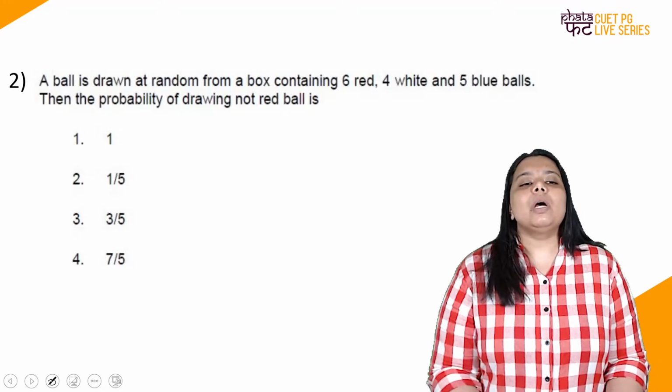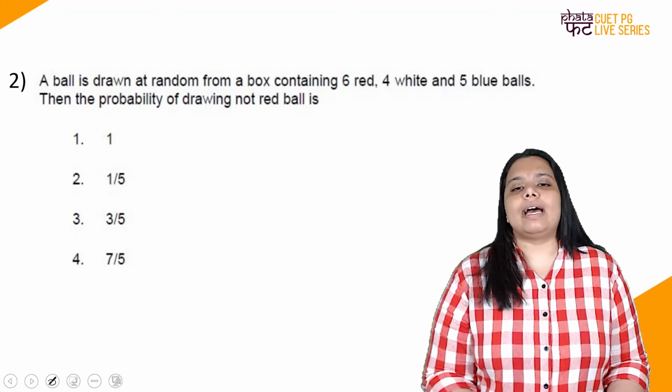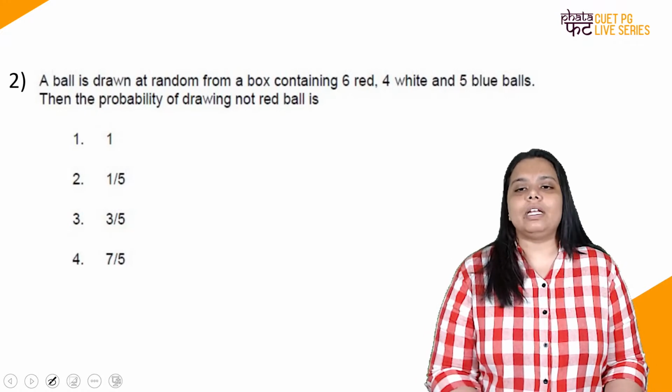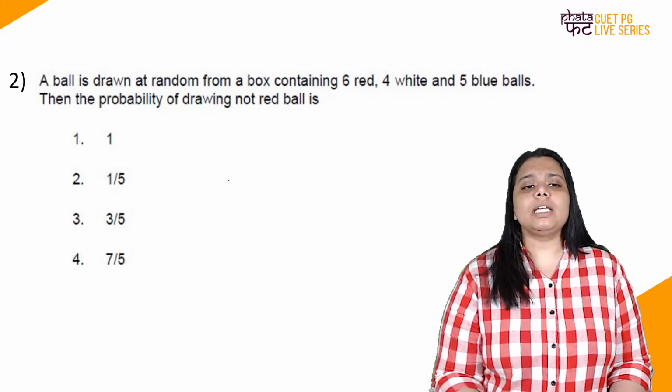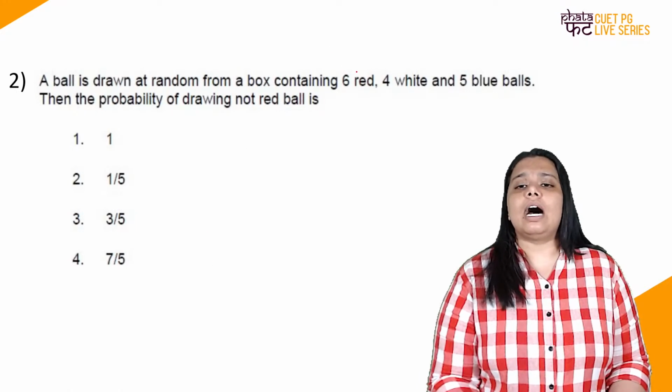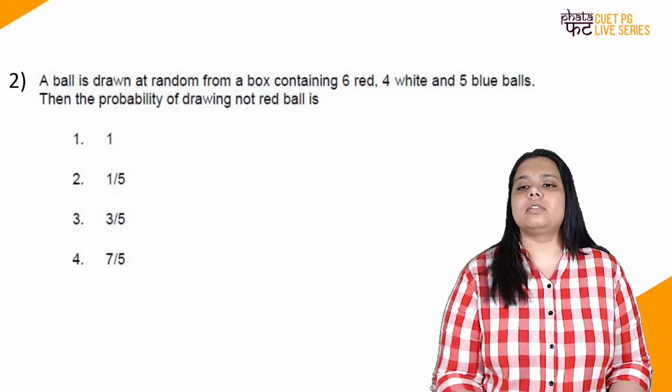Moving on. Question number 2. A ball is drawn at random from a box containing 6 red, 4 white and 5 blue balls. Then the probability of drawing not red ball is. Here we have 6 red balls, 4 white balls, 5 blue balls.